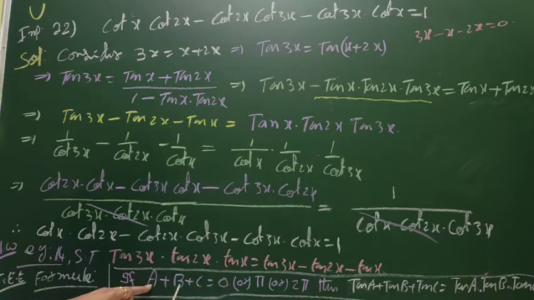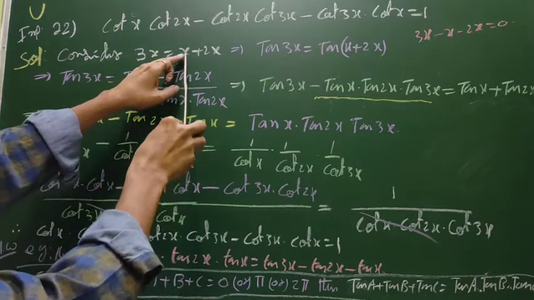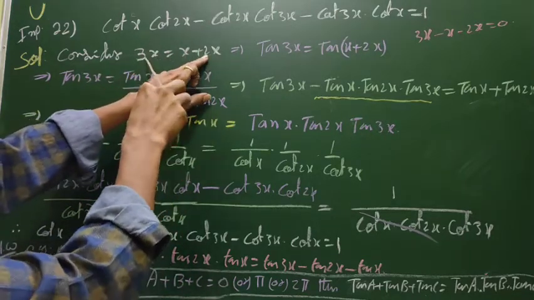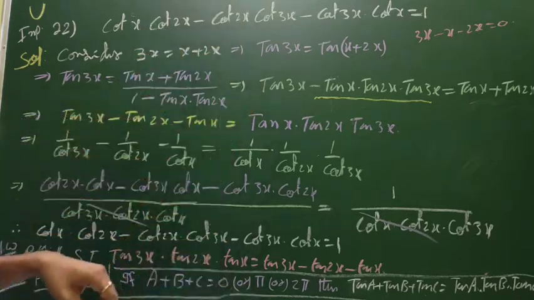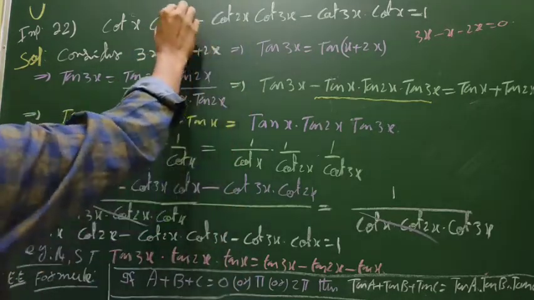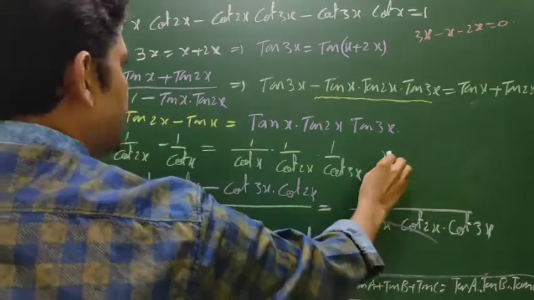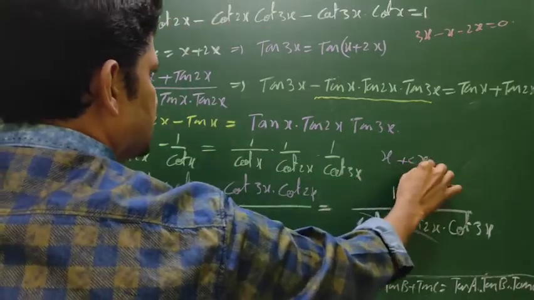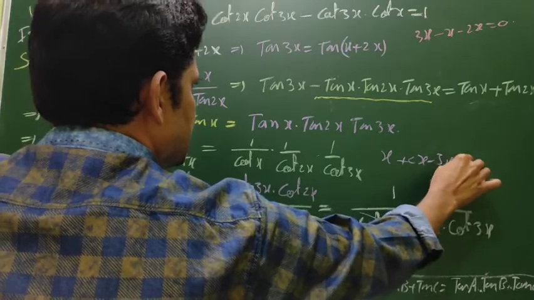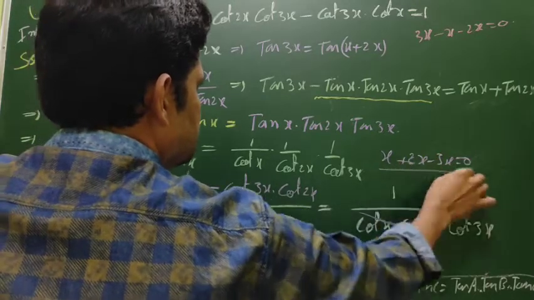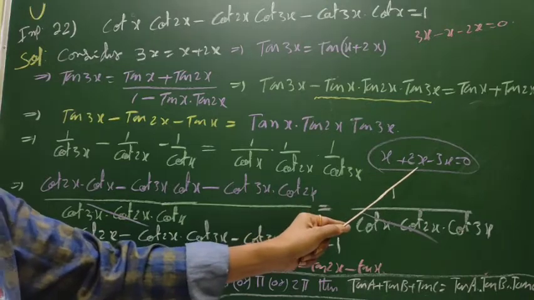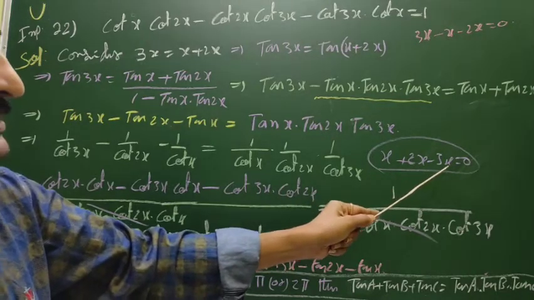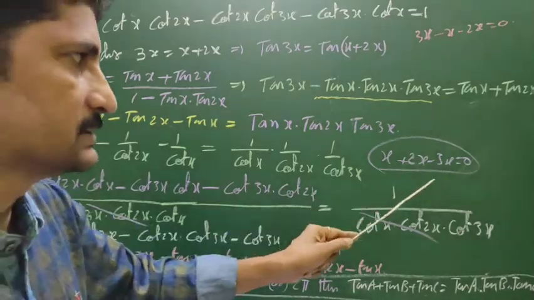By using this A plus B plus C, here A, B and C are x, 2x and minus 3x. See, x plus 2x minus 3x is equal to 0. Now A is x, B is 2x, C is minus 3x.